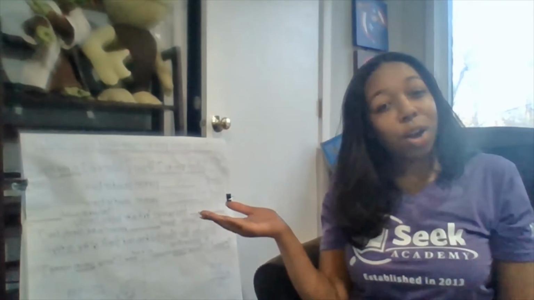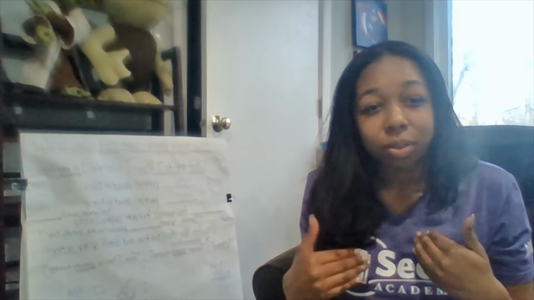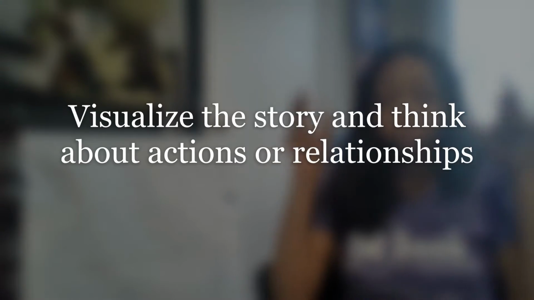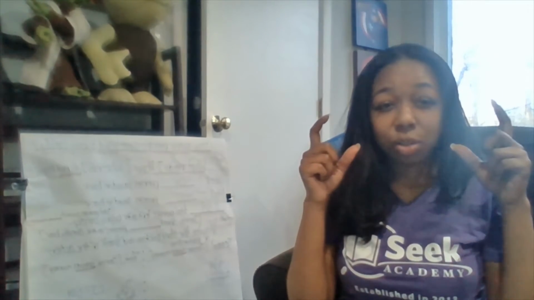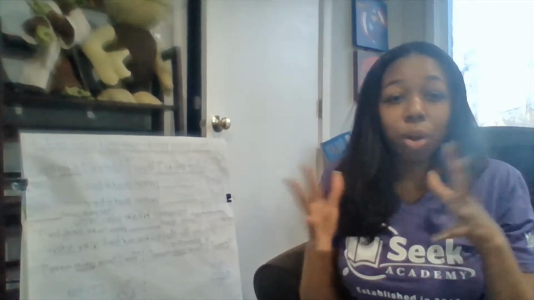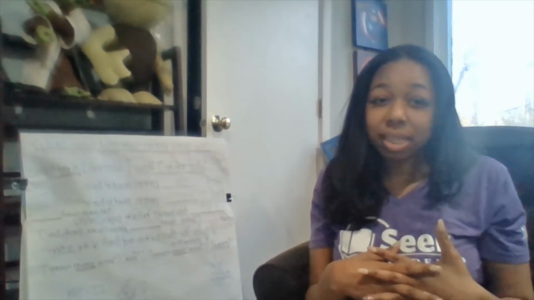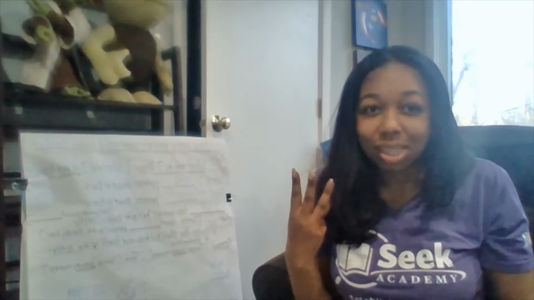On our third read, we need to visualize the story and think about the actions or relationships. So we're going to read our story problem of today. You guessed it, 3 times.